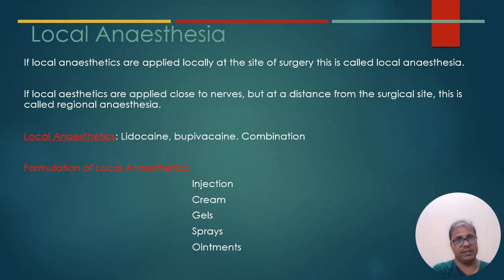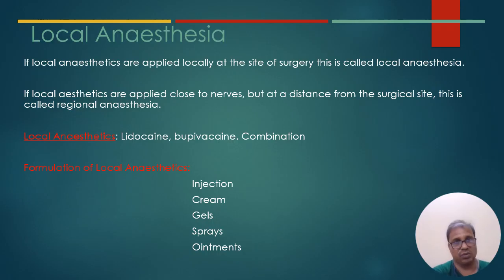In both cases, local anesthetic drug is used, but in local anesthesia, there is no need to inject the drug in the nerve root or nearer to the nerve. In any other site, such as intramuscular, local anesthetic drug is applied. And in case of regional anesthesia, the local anesthetic drug is applied to the nerve root or nearer to the nerve. This is the main difference between local anesthesia and regional anesthesia.